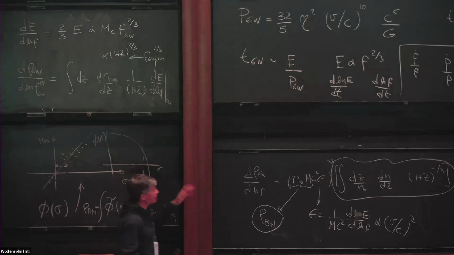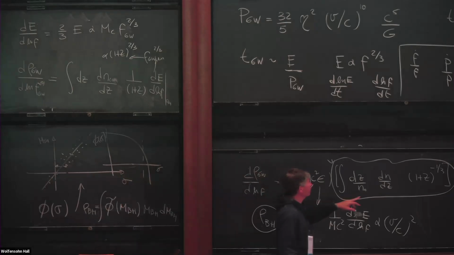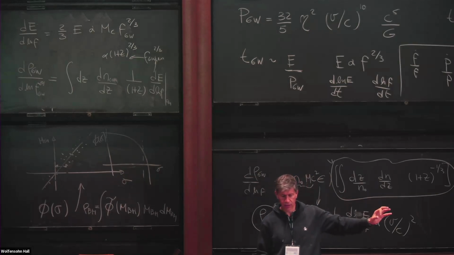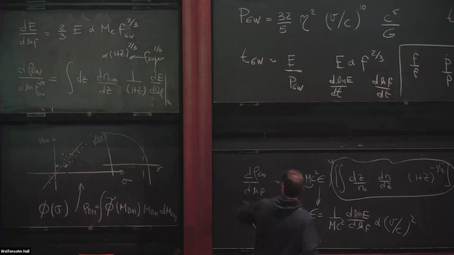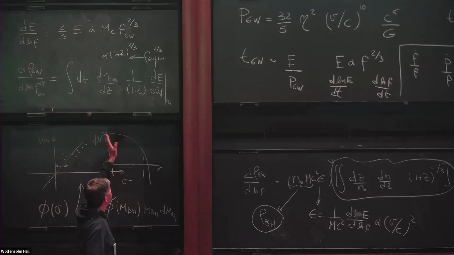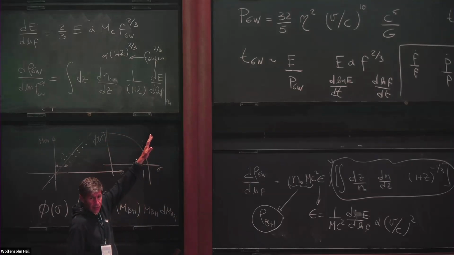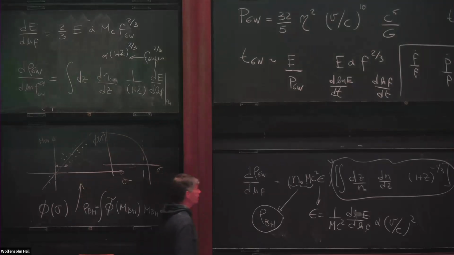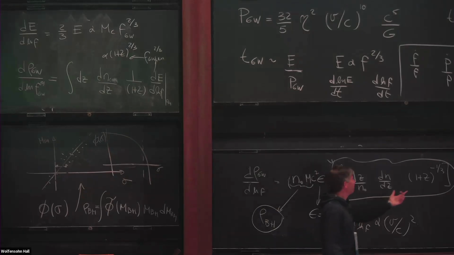I spent a little bit of time telling you that because when you look at a given frequency, the emitted frequency was higher, and the energy a binary puts out is bigger the higher the frequency, and so it partially compensates for the redshift. So the redshift dependence is not very important.